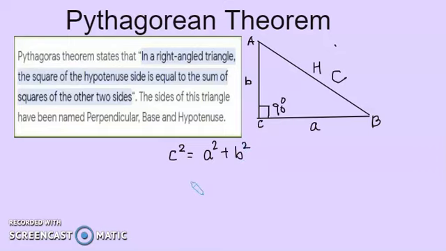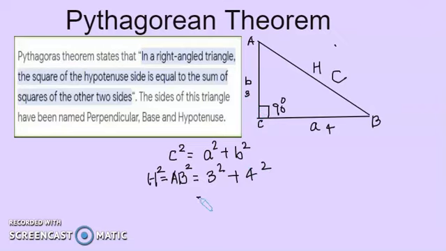If I try to explain by giving some numerical values, let us assume this as 3 and this as 4. Then, according to Pythagoras theorem, the hypotenuse AB, which is also represented by H, the square of length AB will be given by the squares of the two sides, that is 3 square plus 4 square, because the two sides are 3 and 4.